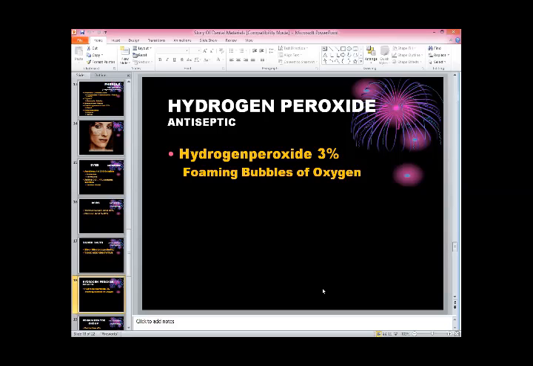And when we are using hydrogen peroxide irrigation into the canal, this hydrogen peroxide is helping us. We can also disinfect the instruments in this compound.